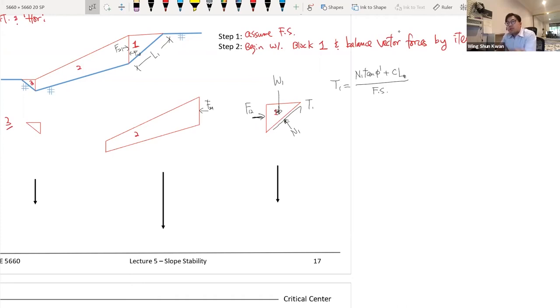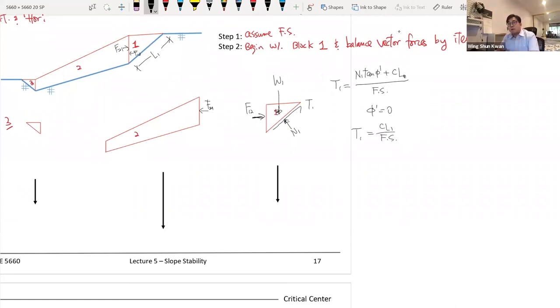So this type of analysis is quite tedious. But anyways, for T1, if phi equals 0, then your T1 will equal C L1 over the factor of safety.